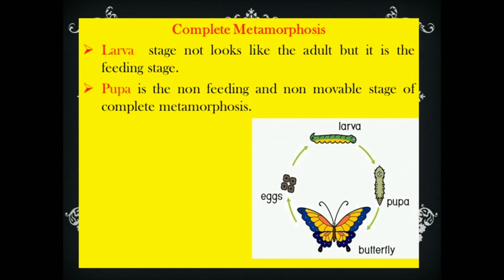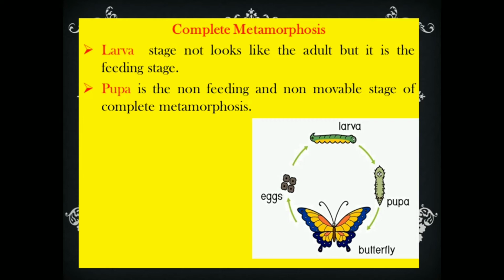So here also you can see a picture or a cycle that indicates the cycle of complete metamorphosis. So the egg will change first into larva, and the larva will change gradually into pupa, and then finally will change into butterfly.